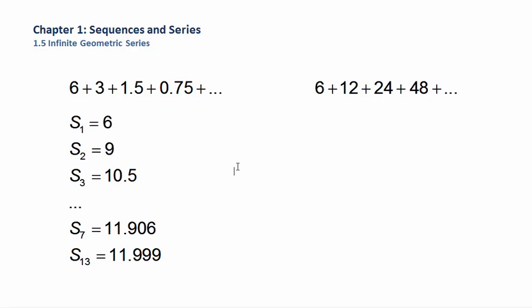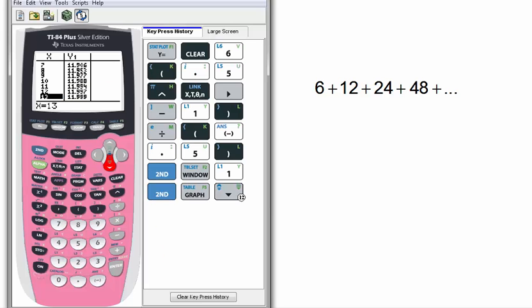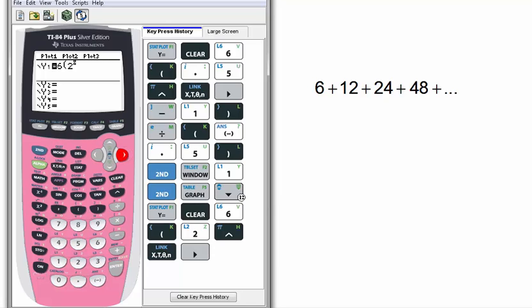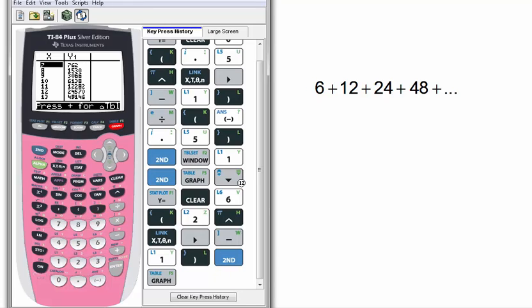But let's compare this to the series on the right. We'll go back in here, and we will change our equation. 6 times, now our r value is 2, so 2 to the power of x minus 1 over, and if we're doing r minus 1, that's just 2 minus 1. So we can just leave it at this, because it's just going to be over 1. And let's go again back to that table of values.